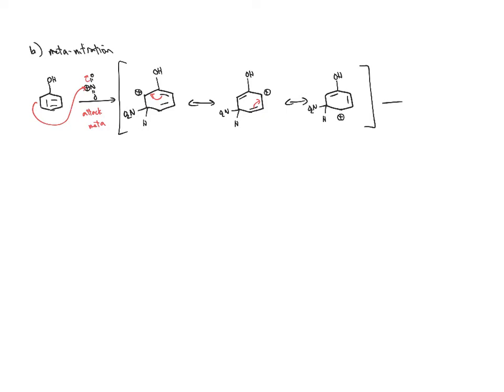Okay, and then of course loss of a proton to reestablish aromaticity, proton falls off to give you your product, in which you've got now meta nitrophenol. Now the key difference here is that there's only 3 resonance forms. Right, so there are fewer resonance forms here, and so what happens is that this reaction doesn't happen. All right, so you don't get loss of a proton here. You don't even get the attack of the benzene ring to the nitronium ion.